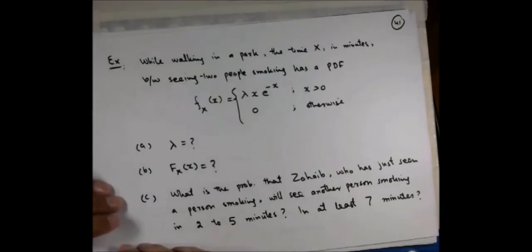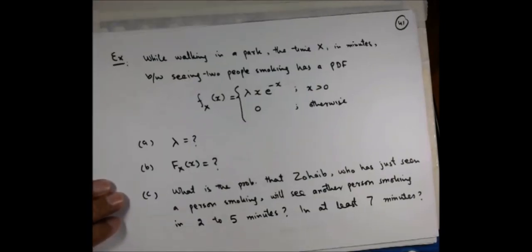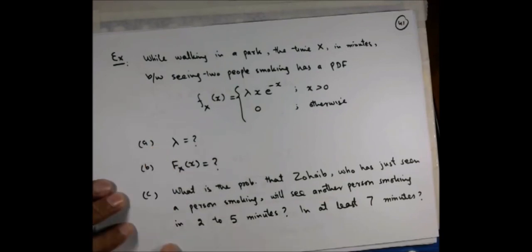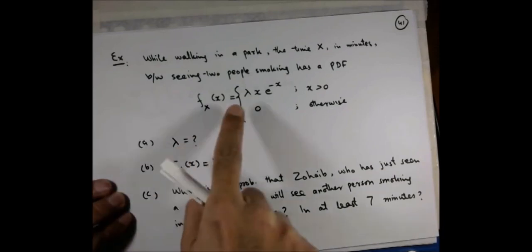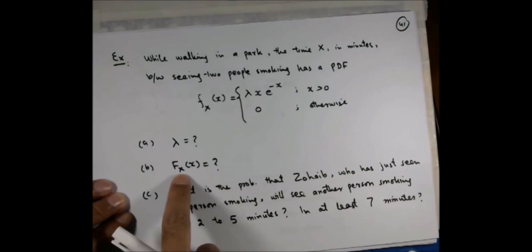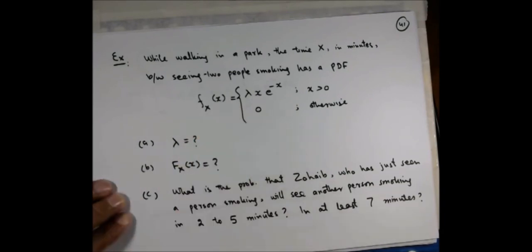Then I gave you a quick but detailed example where you need to find these four things: the lambda, the constant in the expression of the PDF, the CDF from the PDF, and the probabilities of two meaningful intervals, one this and the second this.